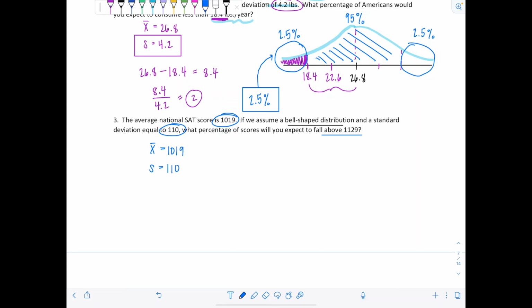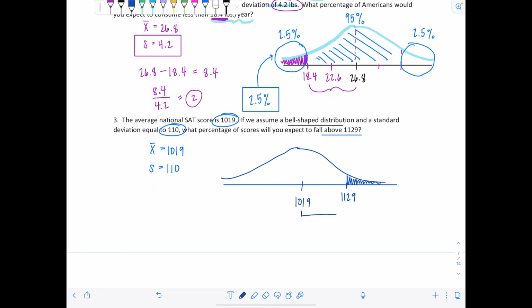S is 110. So let me draw my distribution. Here's the average, 1019. And they want us to figure out what percent of the scores fall above 1129. So how much is in here?